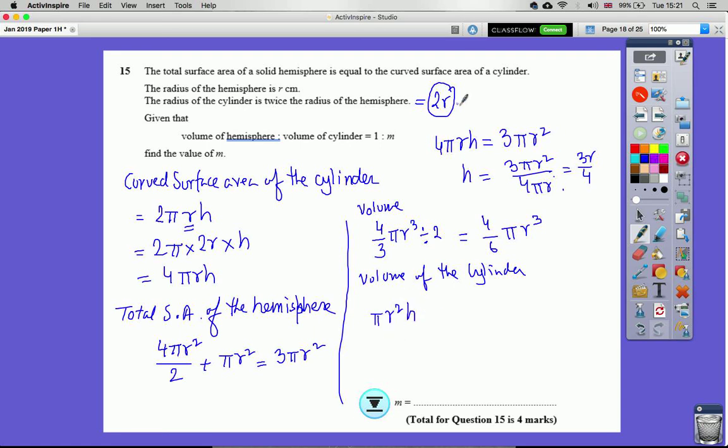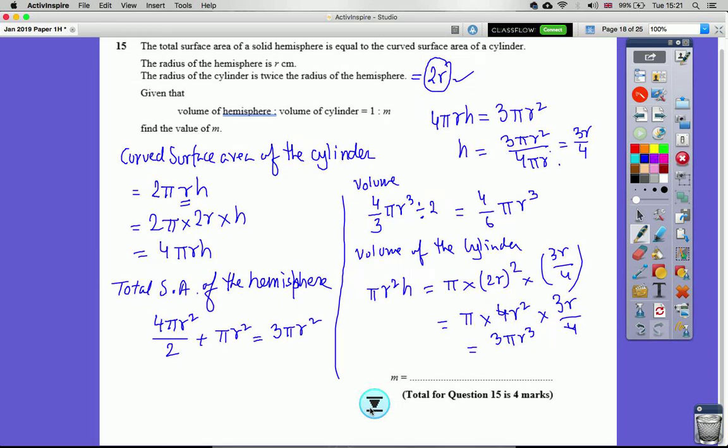We know the radius of the cylinder is 2r, so I can write pi times 2r squared, and the value of h we found out as 3r over 4. When I simplify that, I get pi times 4r squared times 3r over 4, which will give me 3 pi r cubed. That is the volume of the cylinder.